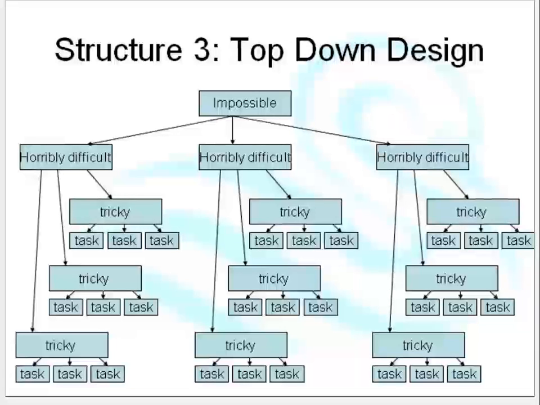Isambard Kingdom Brunel was a great engineer, but he also designed tunnels which filled up with water. He designed ships which were useless. So every time they designed something good, they quite often designed something which was rubbish. That was the problem with bottom-up design. It all depended on one person.